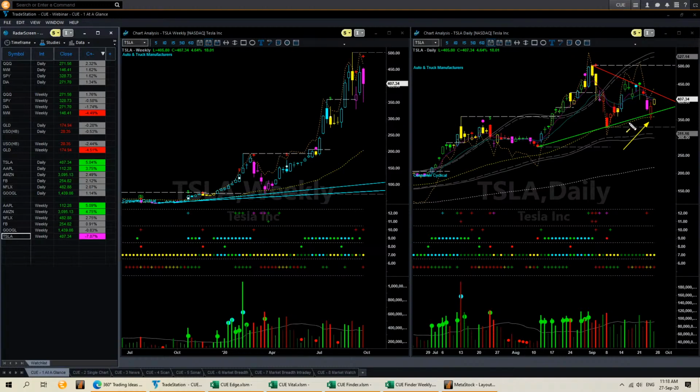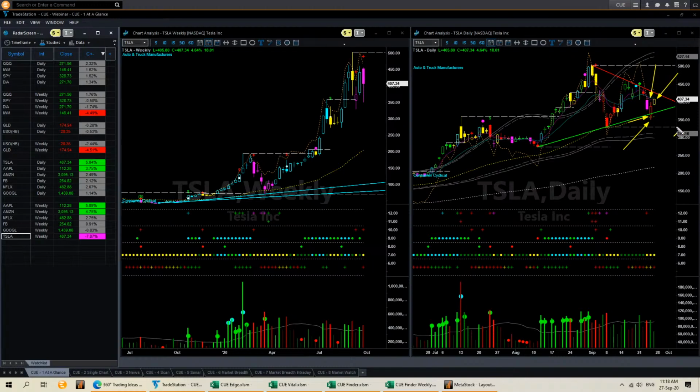Looking at that, right when it was reversing above the memory support, you could take a long trade in Tesla, either using the stock or shorting the put, or maybe safer to use a short put vertical. That would end up with a large profit by Thursday's close and even larger profit on Friday.